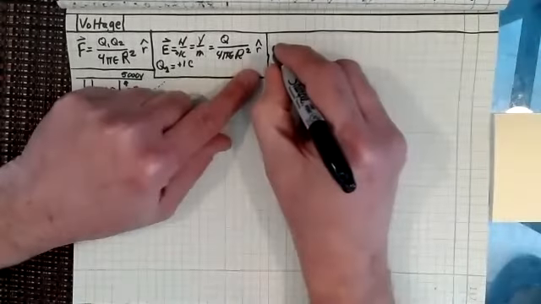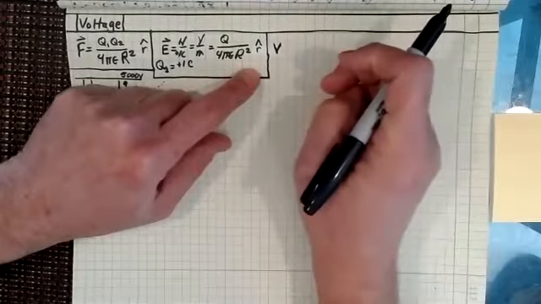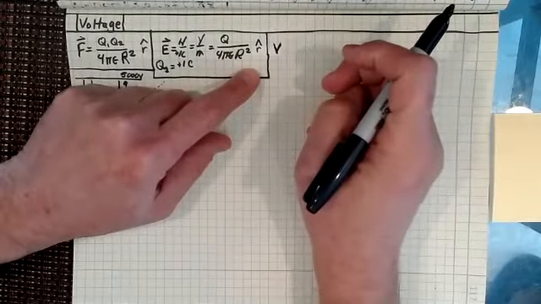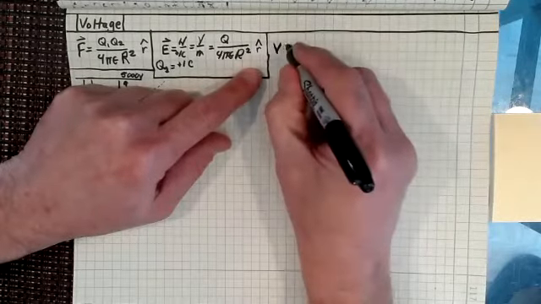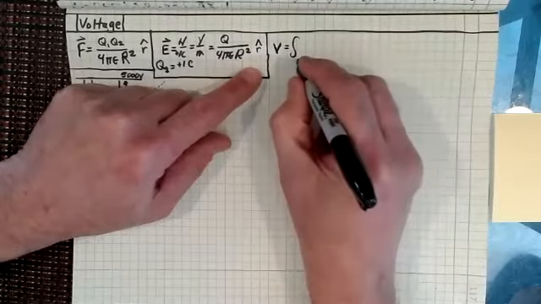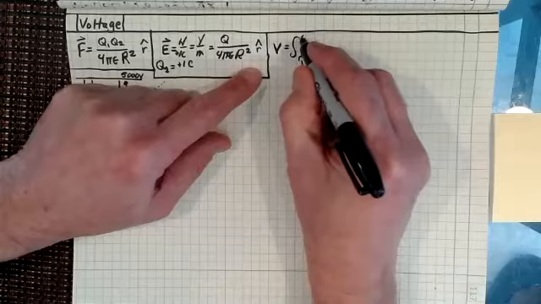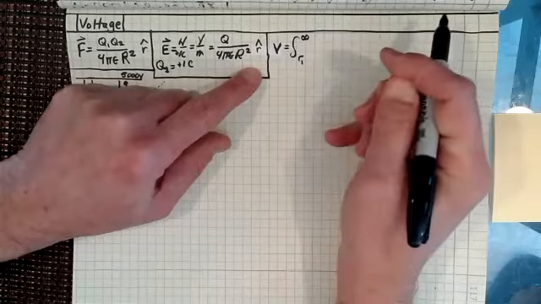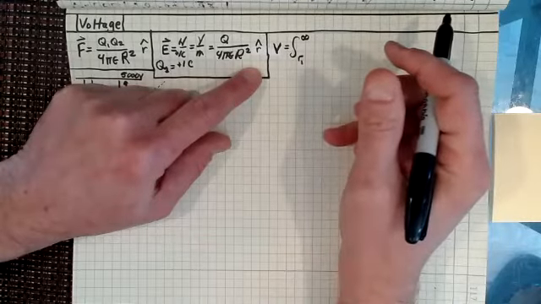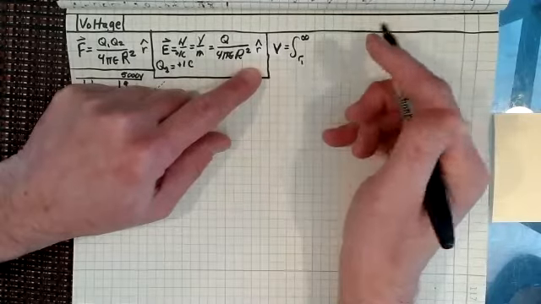How do I figure out what my voltage is at any point in that field? My voltage is the integral from whatever distance away from the point source I'm at to infinity. This is the definition of voltage in an electric field, right?